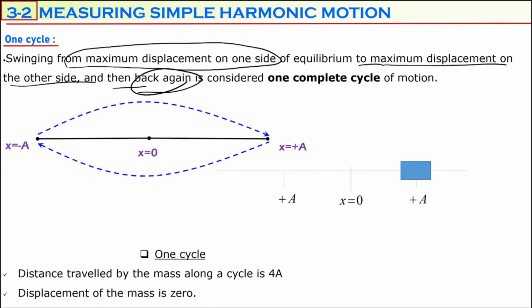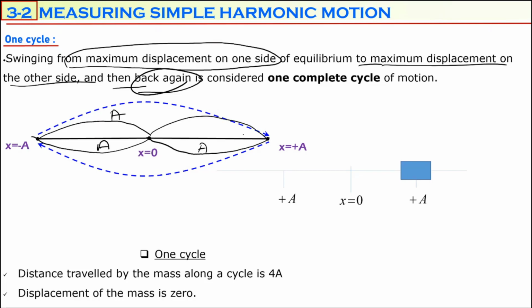During this one complete cycle, the vibrating object travels a distance equal to 4 times the amplitude. Why? Because from positive A to 0, the distance traveled is 1 amplitude. From 0 to negative A, 1 more amplitude. From negative A back to 0, 1 more amplitude.